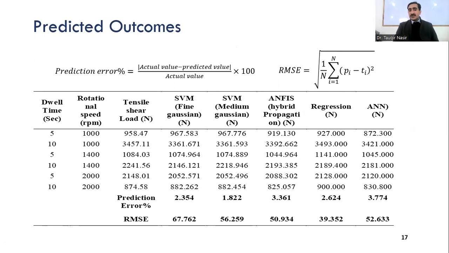The evaluation of the prediction results was based on the prediction error, like the minimum prediction error, and the root mean square value. The lower, the better the results are considered. In this result, we can see the SVM error is minimum, that is 1.82 and 2.354. The rest of them have a higher prediction error rate.